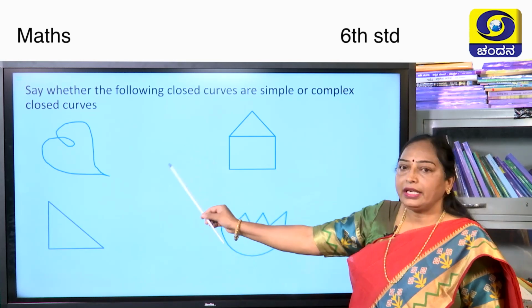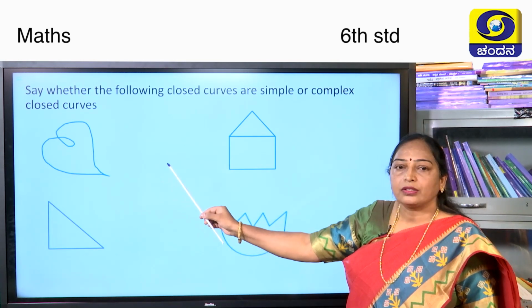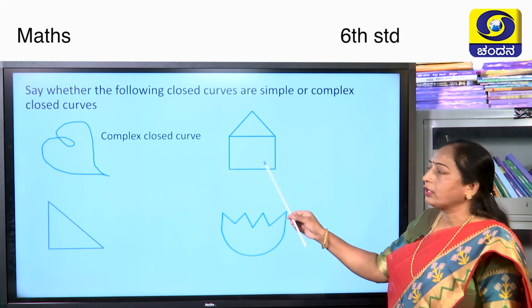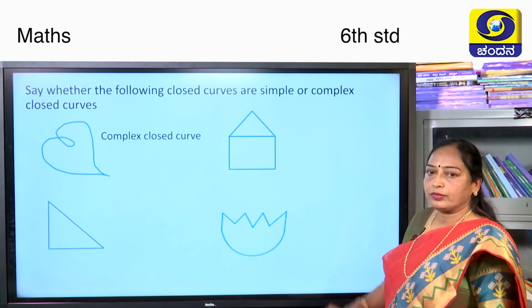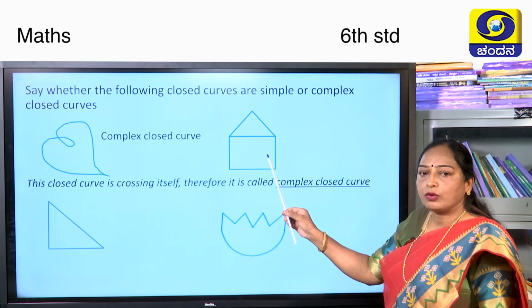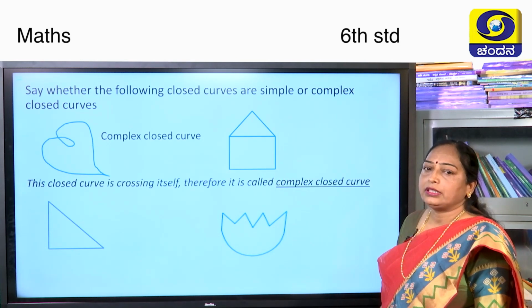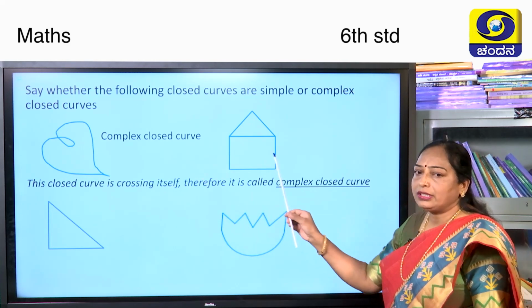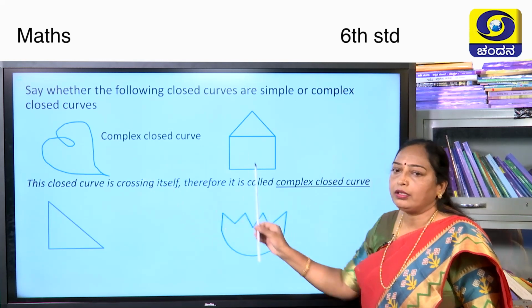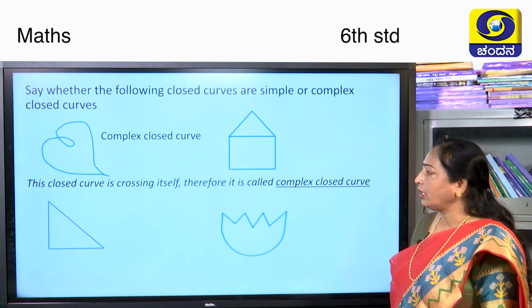Therefore, that is a complex closed curve. In the second figure, it also crosses itself. Therefore, it is a complex closed curve. This closed curve is crossing itself. Therefore, these two are complex closed curves.